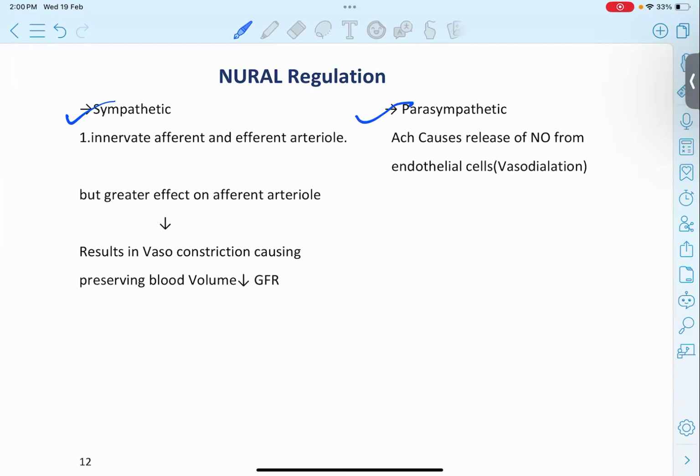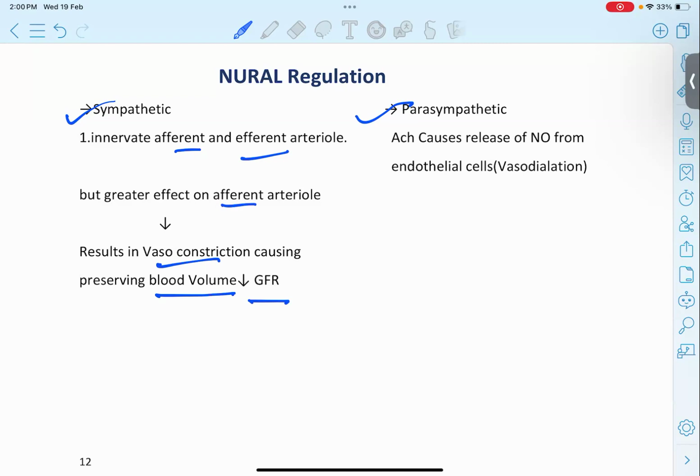The sympathetic is going to innervate the afferent and efferent arterioles, but the effect is greater in the afferent arteriole, resulting in vasoconstriction, because we have already discussed this when I taught you the autonomic nervous system. In the kidney, and in most blood vessels, the sympathetic causes vasoconstriction. So if there is vasoconstriction, the blood volume will decrease and GFR will decrease.